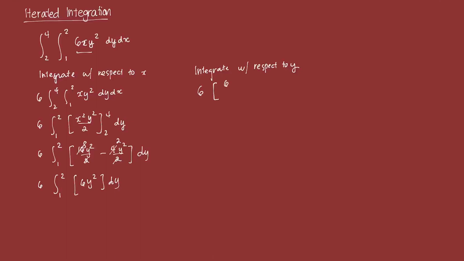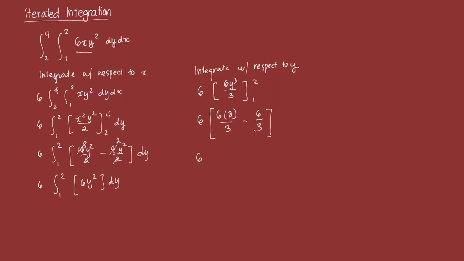So that's 6y cubed all over 3, which we evaluate from 1 to 2. Simplifying, if I plug in 2, that's 6 times 2 cubed, that's 8, all over 3, minus 1 cubed, that's just 1, so 6 all over 3.